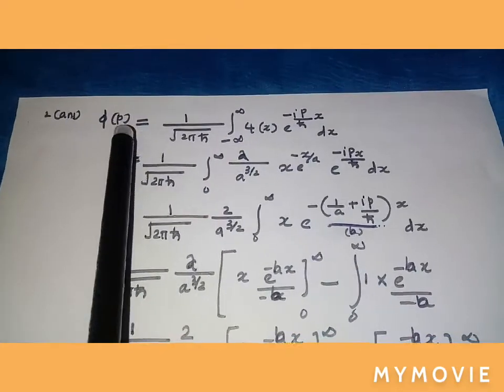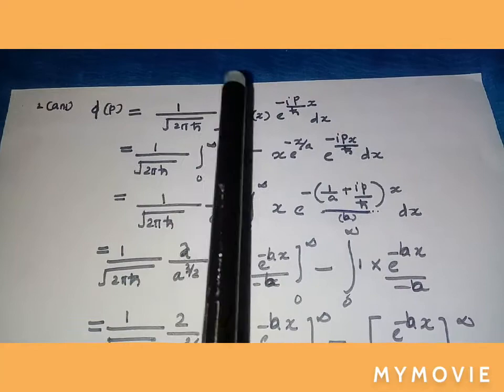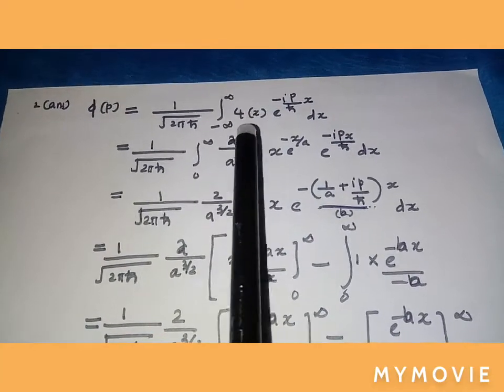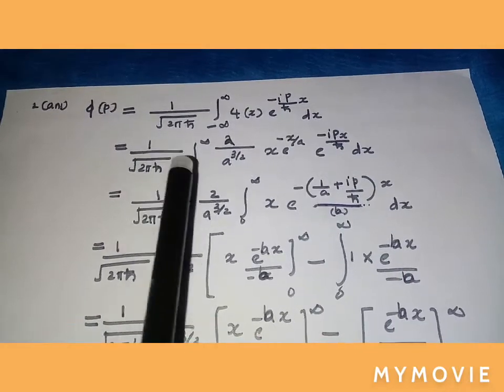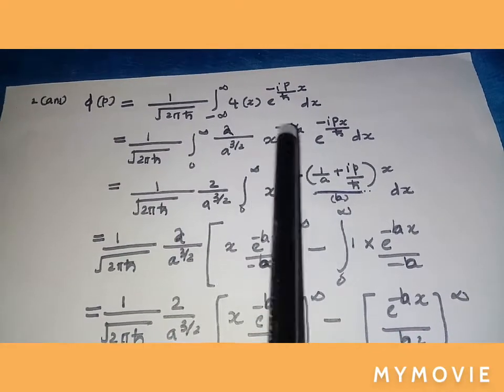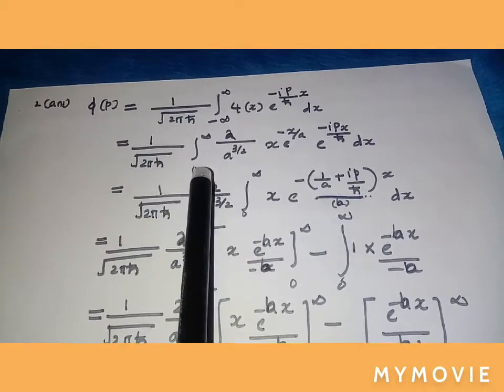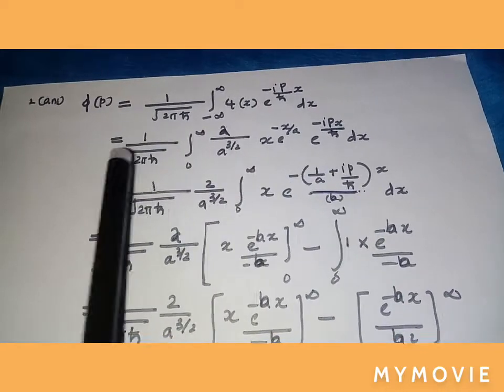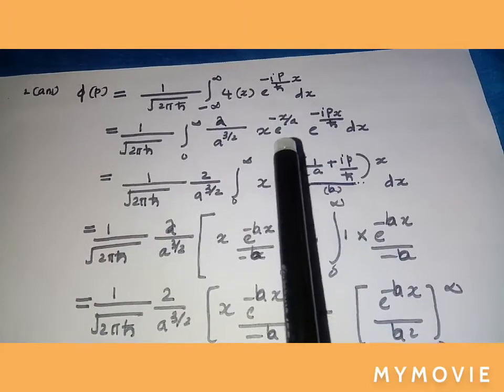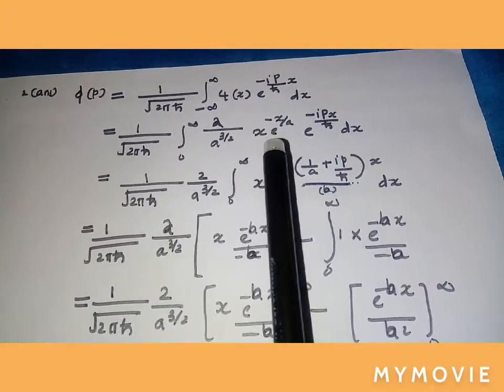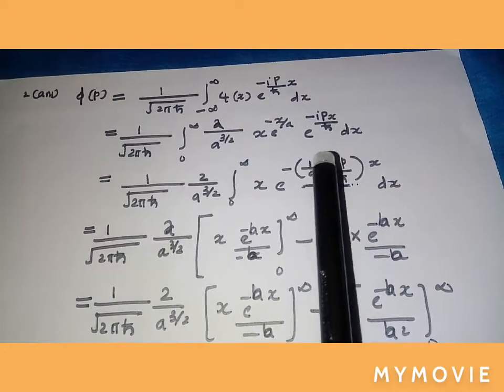Phi of p is equal to 1 by under root 2 pi h cut integral minus infinity to plus infinity psi of x into e raised to i p by h cut into x dx. So we substitute the wave function, and we know that the function exists only from 0 to infinity. Here we have e raised to minus x by a and e raised to minus i p x by h cut.